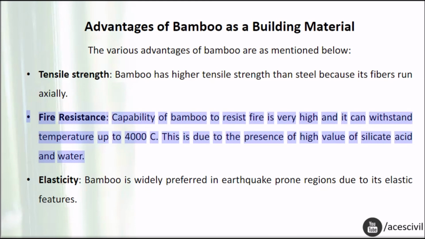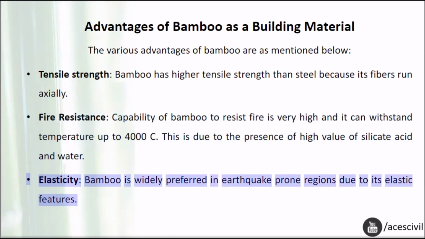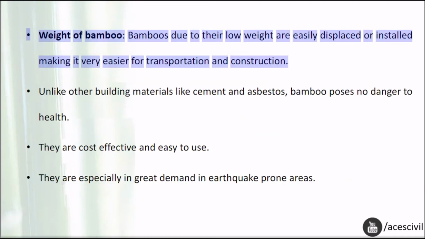The capability of bamboo to resist fire is very high and it can withstand temperatures up to 400 degrees C. This is due to the presence of a high value of silicic acid and water. Elasticity. Bamboo is widely preferred in earthquake-prone regions due to its elastic features. Weight of bamboo. Bamboo, due to its low weight, is easily displaced or installed, making it much easier for transportation and construction.